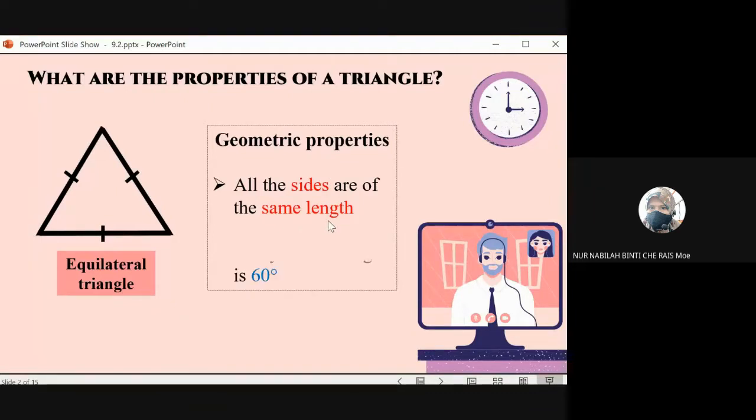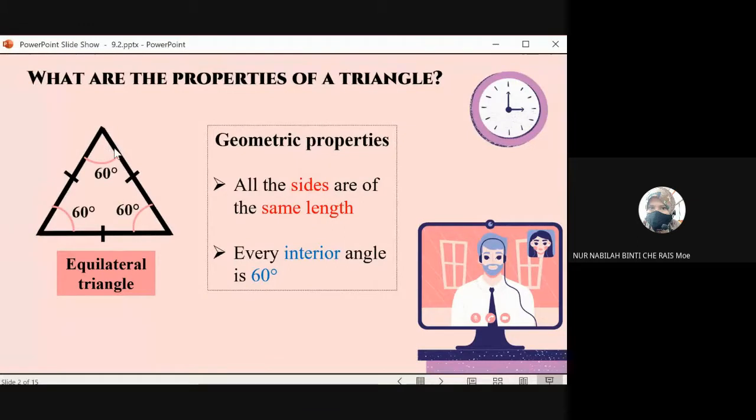The second one: all interior angles are 60 degrees. Interior means inside. This is a triangle, a closed region, so all the angles inside are equal to 60 degrees. Here is 60, here also 60, here also 60. Why is it 60?